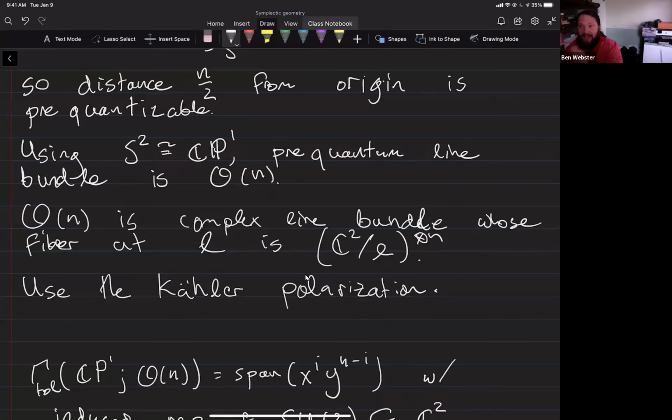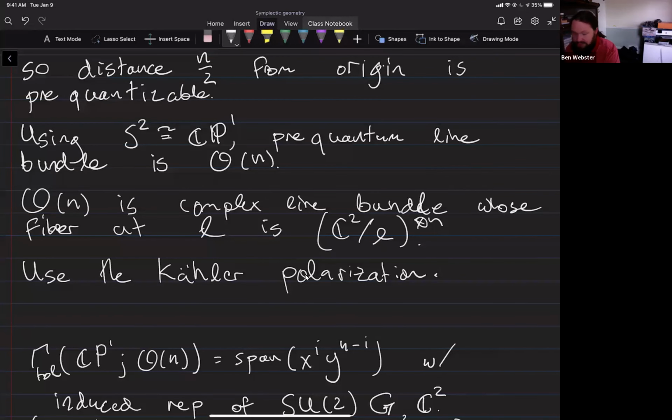So any element of C2 defines a section of O(1), and so any product of n of those defines a section of O(n).